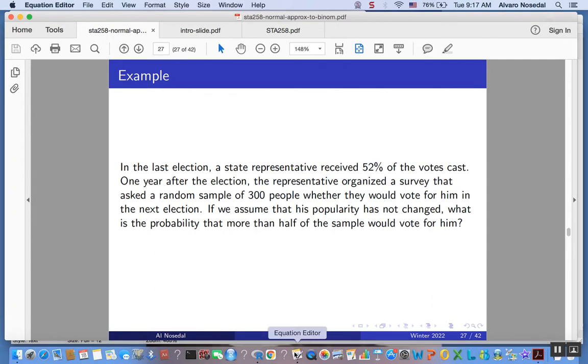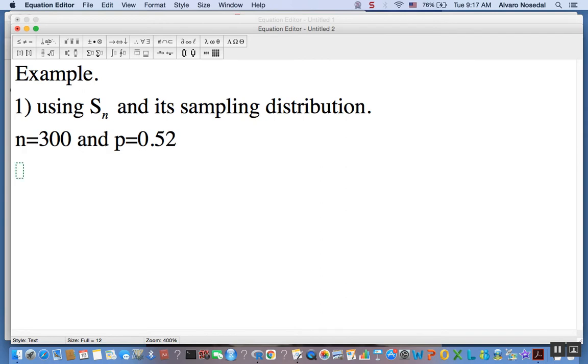So we want the probability that p hat, because we're talking about the sample, is greater than 50%. Make sense? That's what we want. So let's try and find that probability.